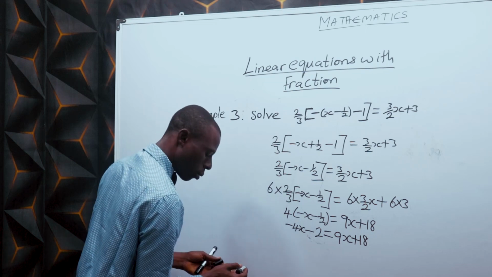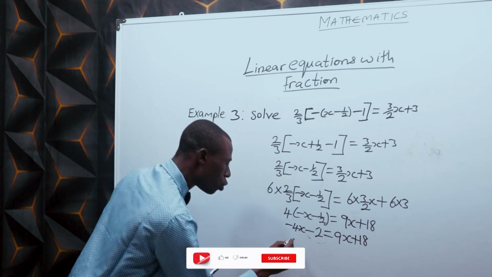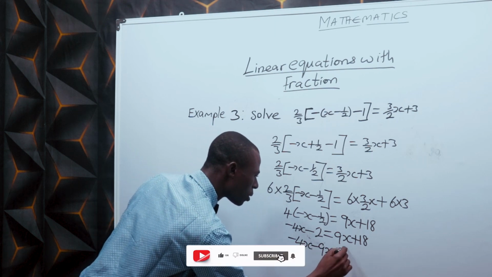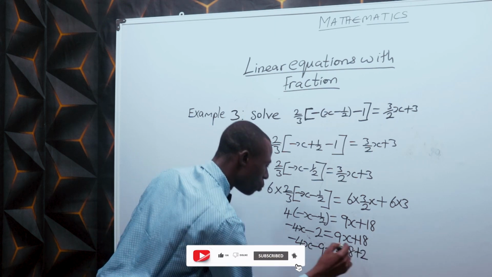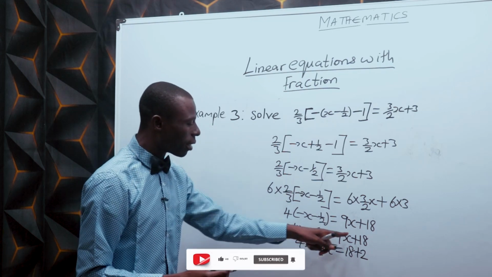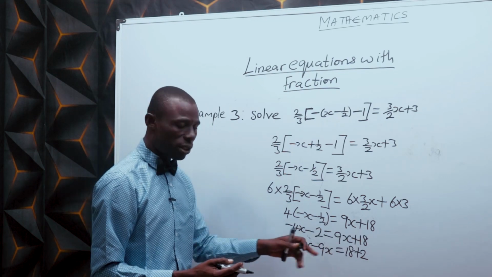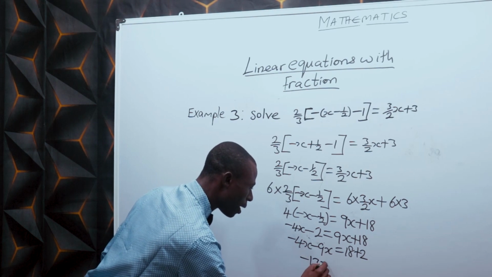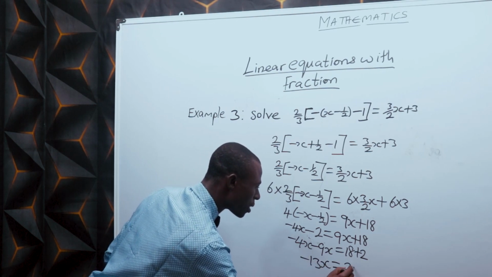Collecting the like terms is our responsibility here now. So you have negative 4x, negative 9x equals 18 plus 2. Negative 2 here is taken to the other side of the equation to give positive 2. So we are having negative 13x, which is equal to 20.